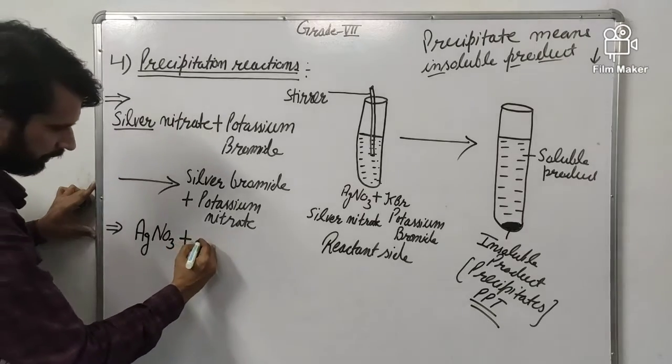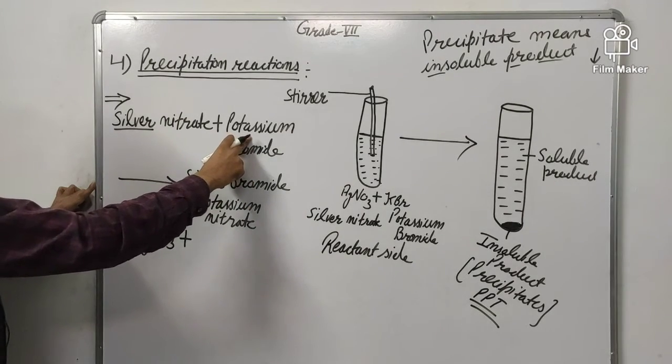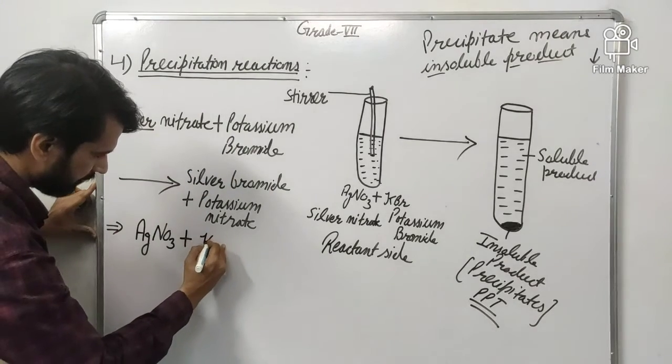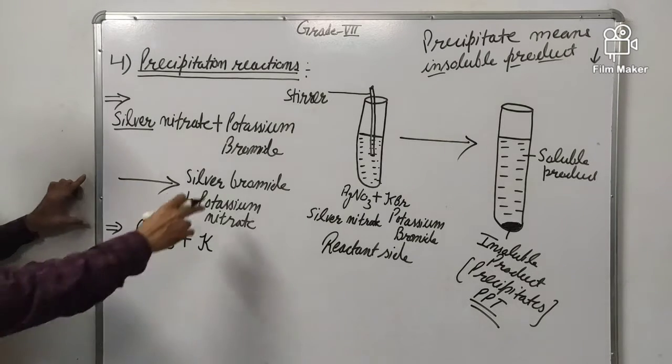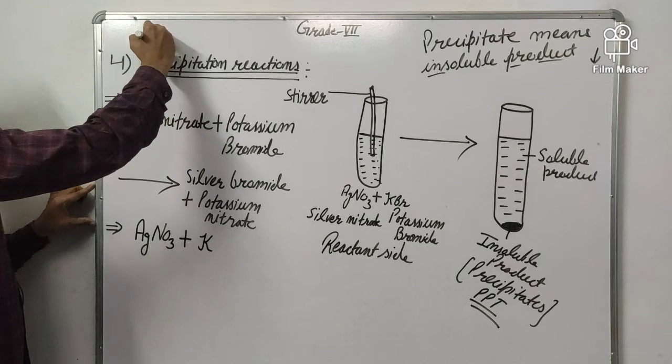Potassium is again a metal, a very strong, very reactive metal, and its symbol is K. Bromide is actually the ionic form.